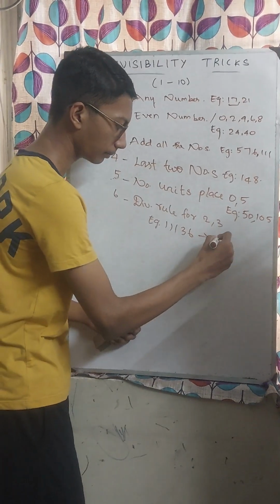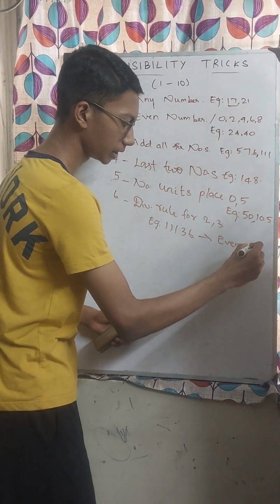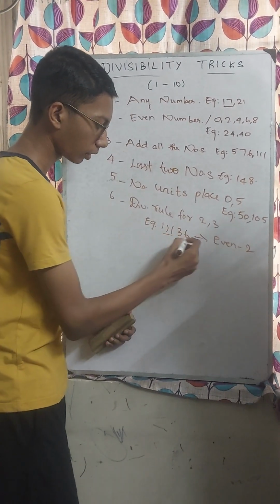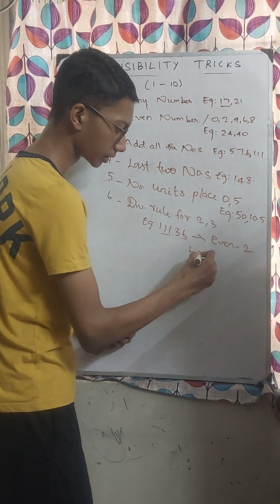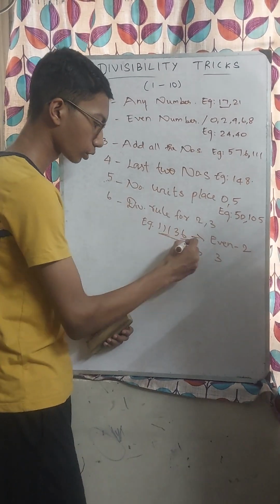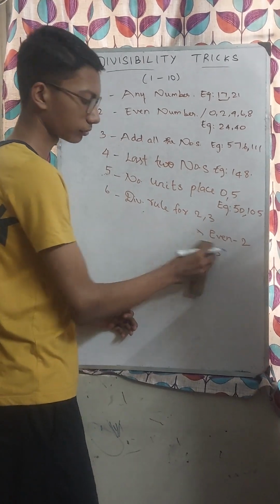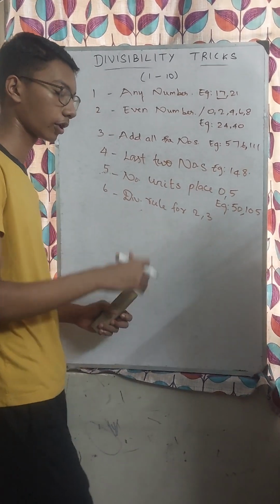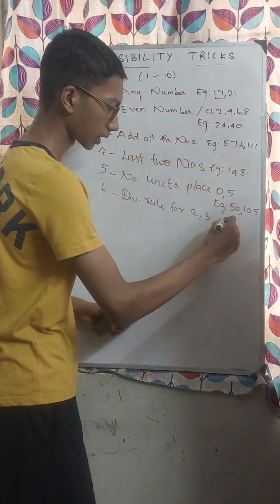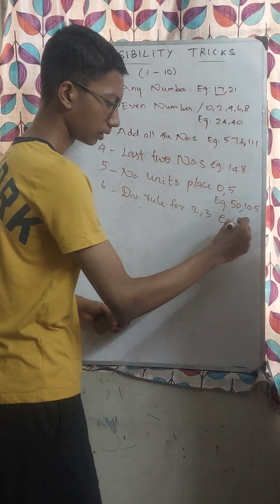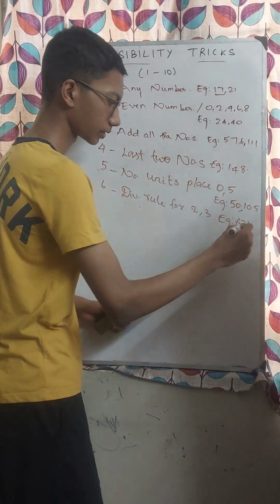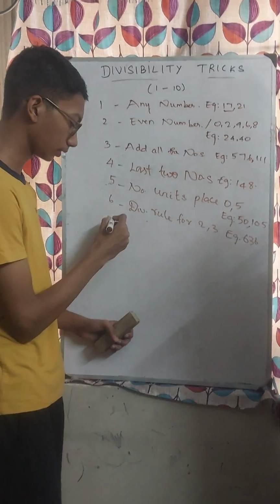This is an even number, so it is divisible by 2. If we add all these numbers, we get a number which is divisible by 3. So this whole number is divisible by 6. That's an easy trick with 6. So we just need to apply the divisibility rule for 2 and 3. Let's take an example. Let's say 636. There's something like that.